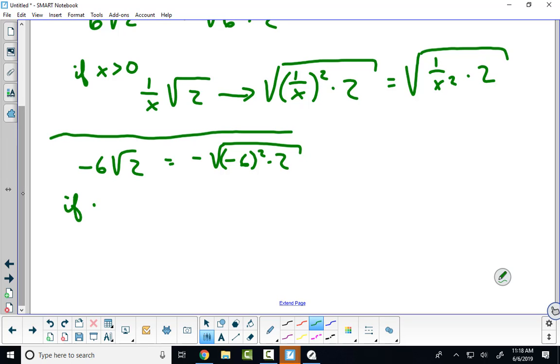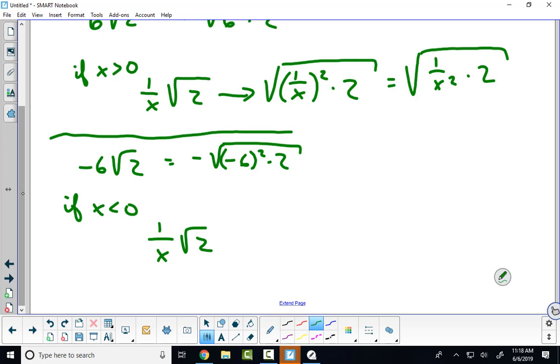So, if I know that x is negative, and I want to look at 1 over x times the square root of 2, what is the sign on 1 over x? Negative, right? If x were negative 3, then what's 1 over x? Negative 1/3. So this is really important.